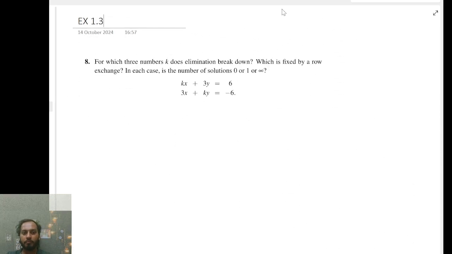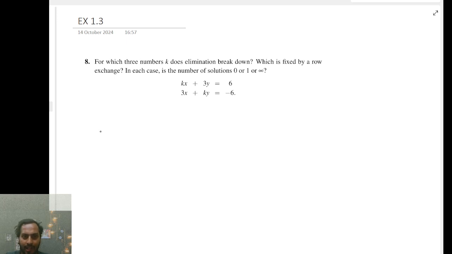Okay, now come to the eighth question. In the eighth question: for which three numbers k does elimination break down? They're asking for three values for which the elimination breakdown will happen, and which is fixed by row exchange and which cannot be fixed by row exchange.